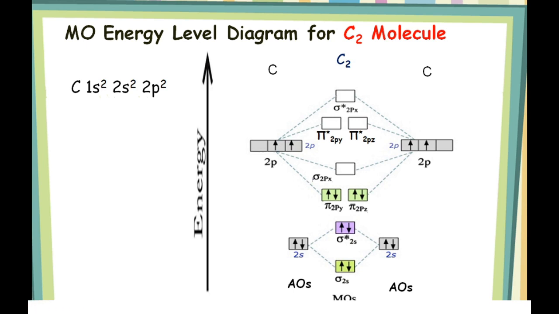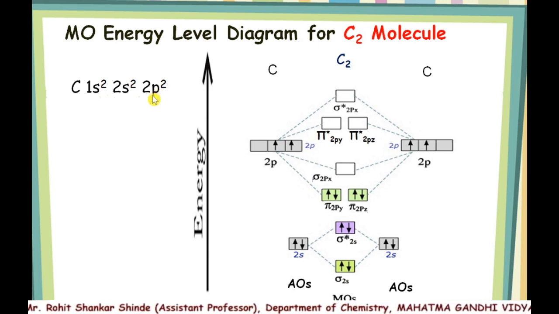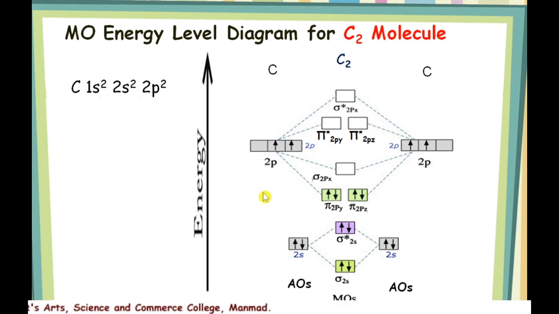Hence, the 1s orbital remains as a non-bonding orbital. Only the 2s and 2p orbitals with their electrons take part in bonding. The two 2s and six 2p orbitals, meaning a total of 8 atomic orbitals, form 8 molecular orbitals.